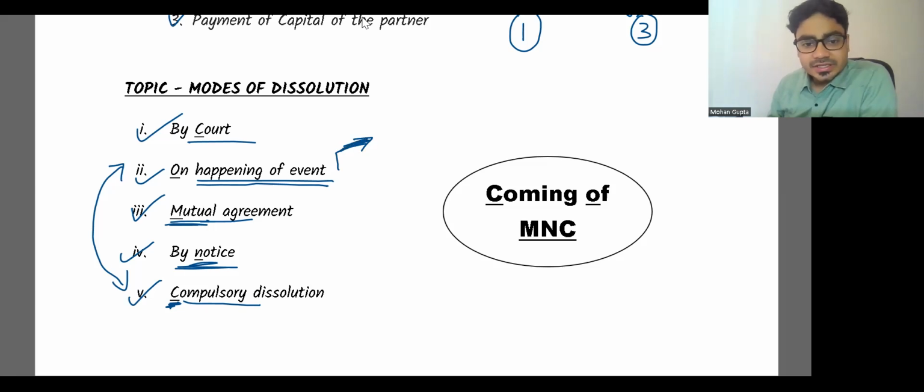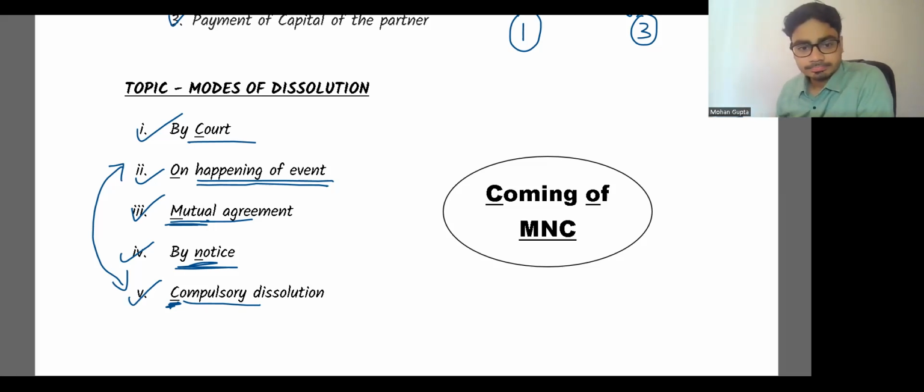Let us say we were doing the business of tobacco or cigarettes, and suddenly cigarettes become illegal in our state. An event is happening.